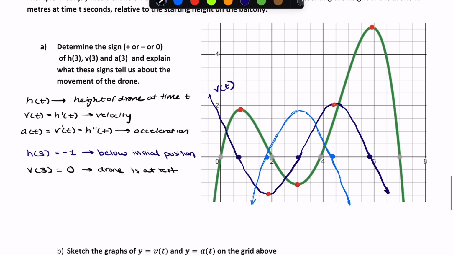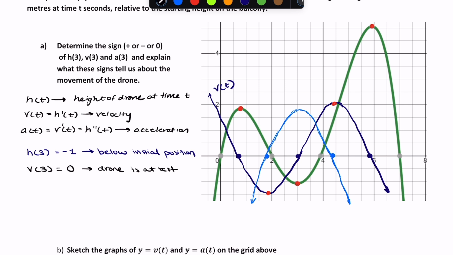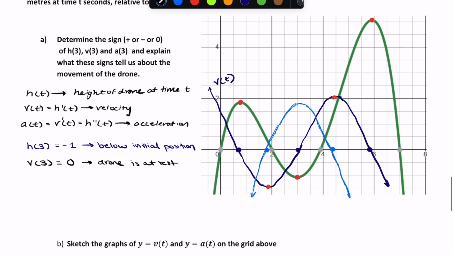Okay, and here, at a of 3, we see that it is increasing. So a of 3 is greater than 0, and that means it's positive. And that means here that the velocity is increasing.